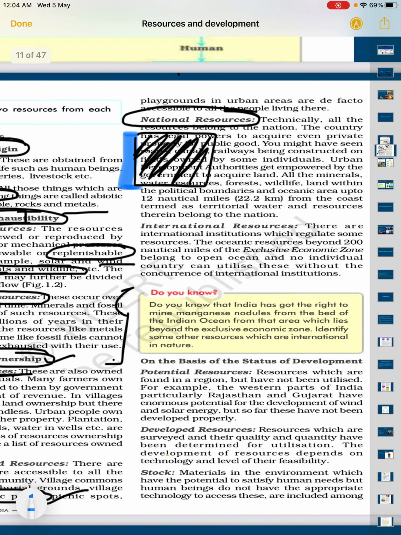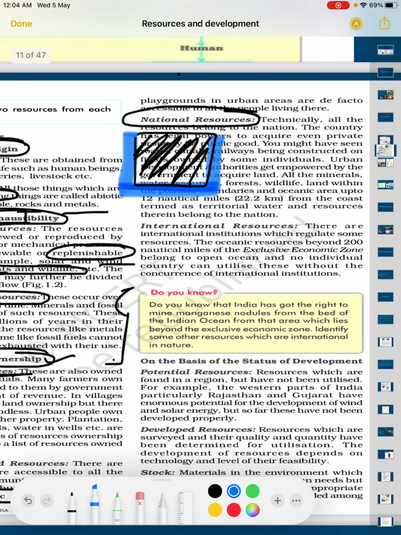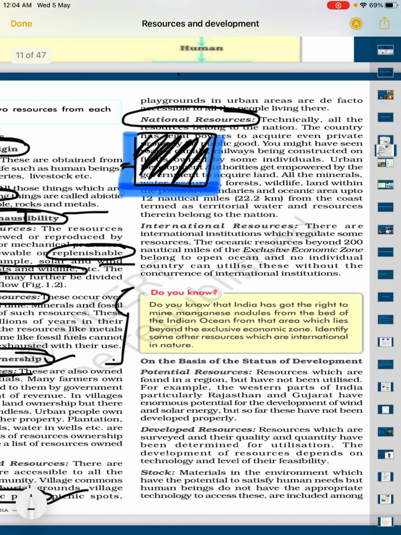But apart from that, in the surrounding of our country, like we know India is a peninsular country which is covered by water from three sides. So on all the three sides, till 12 nautical miles from the coast is also the national resource.